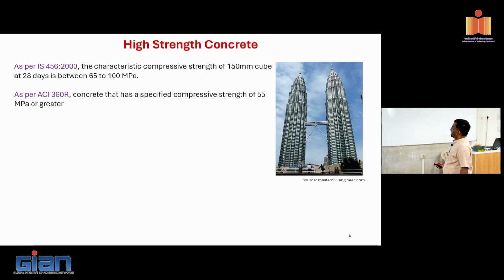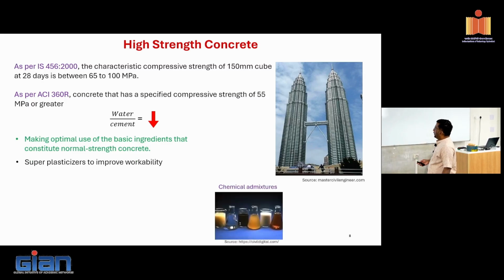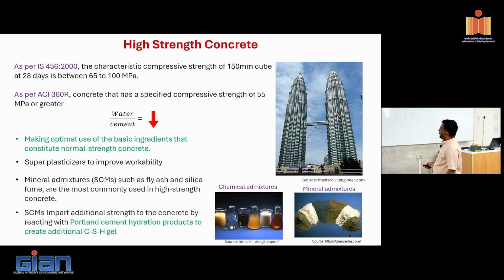Okay, right. So high strength concrete, as per the definition of IS 456, anything that is more than 65 to 100 MPa, we say is high strength concrete. And how do you get high strength concrete? The basic thumb rule is to reduce the water to binder or water to cement ratio. In addition to that, we put superplasticizer to improve the workability.